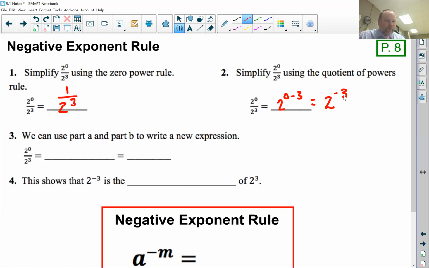So if I had 2 to the 0 divided by 2 to the 3rd, I could combine those. I could say that's the same as 1 over 2 cubed, or 2 to the negative 3rd.